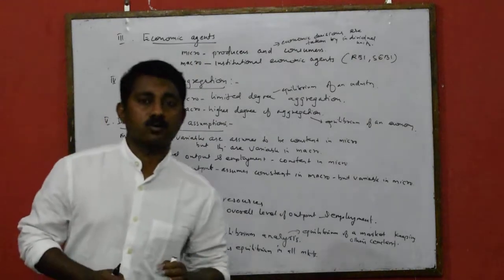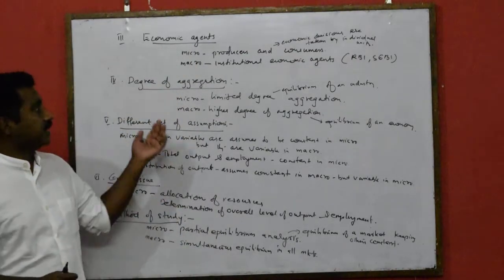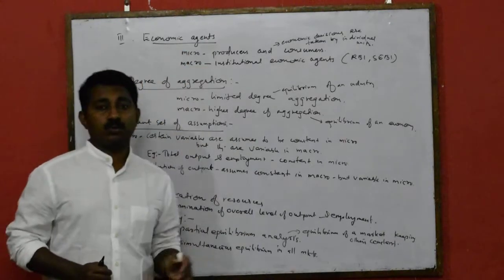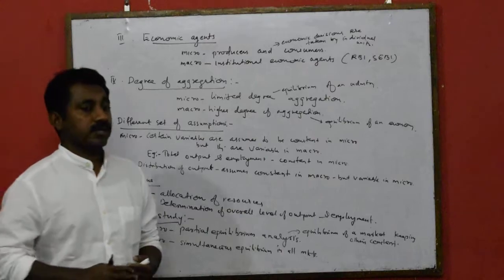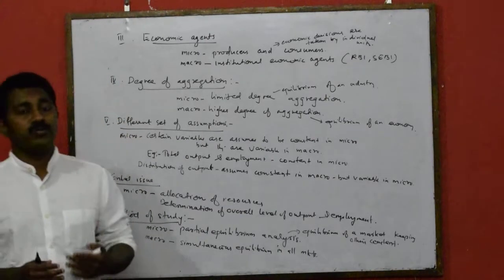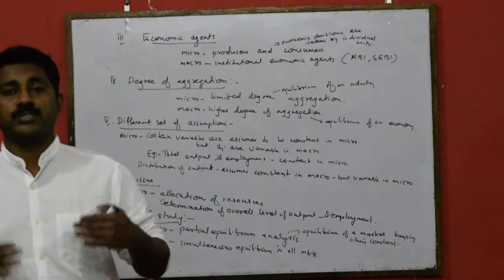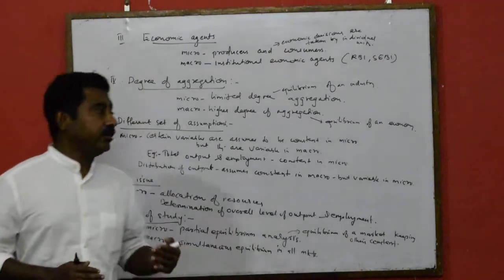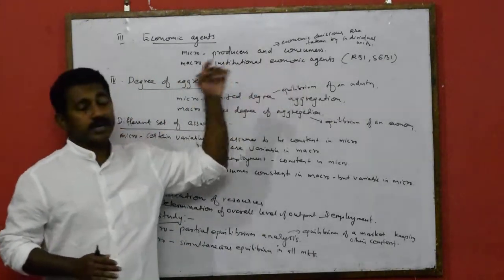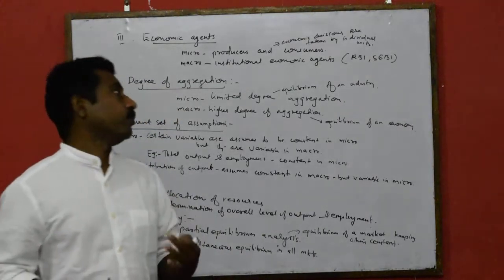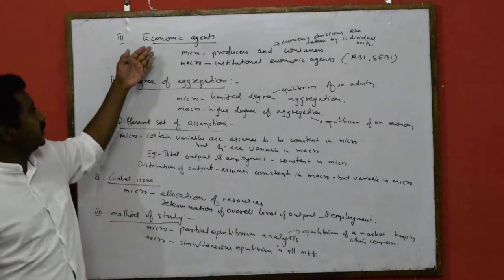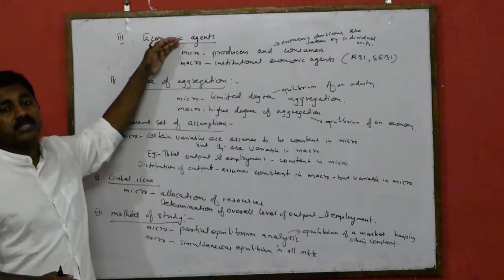Whereas in macroeconomics, economic decisions are taken by institutional economic agents, like in India, for example, in our country, Reserve Bank of India, Securities and Exchange Board of India. So the difference is the economic agents which are operating.